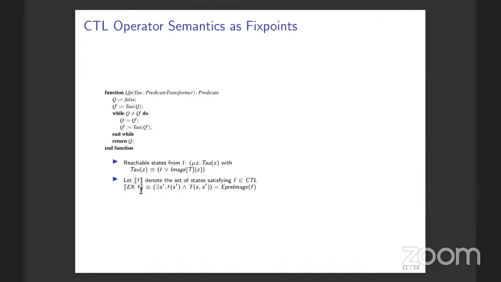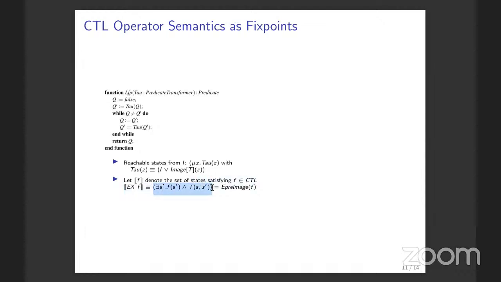So assuming that you already have a characterization for F, then EX of F, the set of all states, is denoted by this symbolic formula, correct?